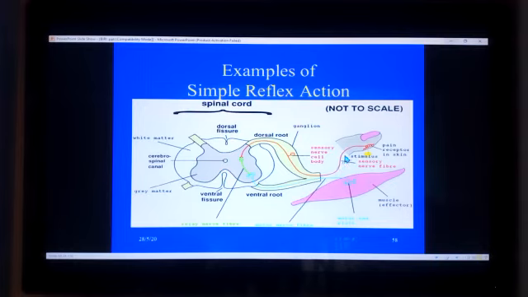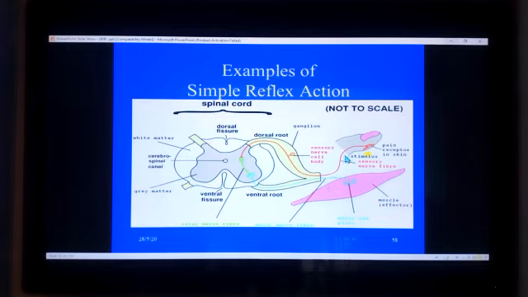Then an impulse will be created, taken to the central nervous system, in this case the spinal cord, and then delivered to the effector for appropriate response. If you follow that path, it is the one that we refer to as a reflex arc.